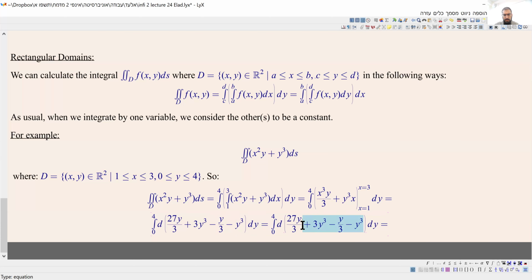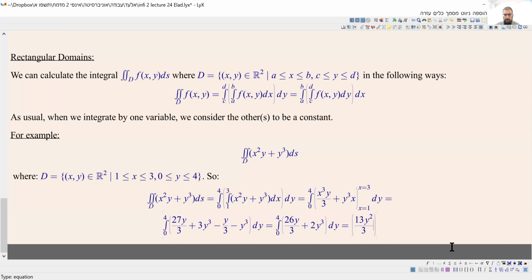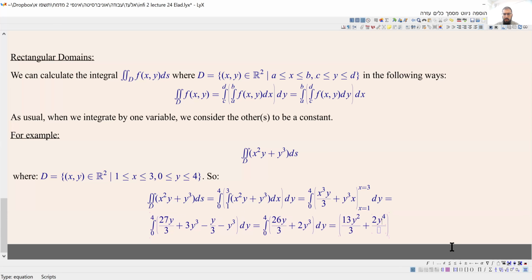It's 26 over 3 y, maybe wrong, so correct me, and 2y third. And we know how to calculate this integral. The integral is 13y squared over 3 plus 2y to the power of 4 over 4.